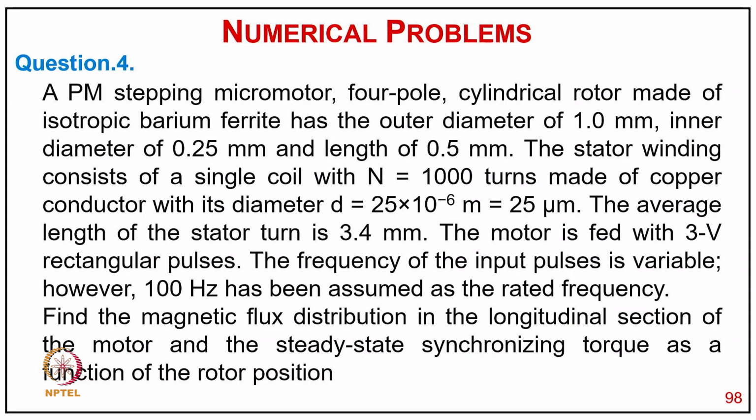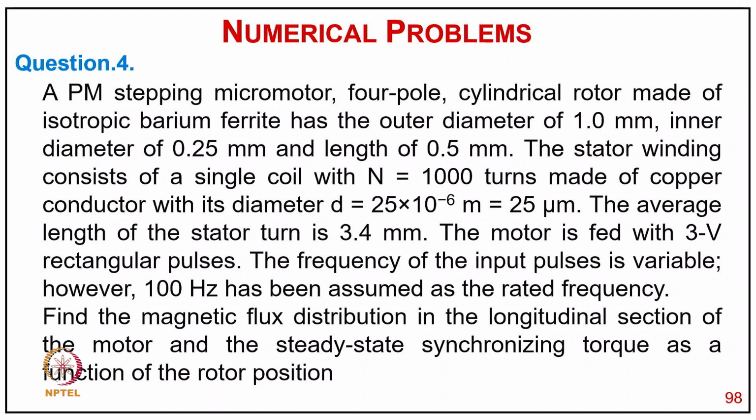Now coming to question 4, a PM stepping micro motor with a 4-pole cylindrical rotor made of isotropic barium ferrite has the outer diameter 1 millimeter, inner diameter 0.25 millimeter, and length of 0.5 millimeter. The stator winding consists of a single coil with N equal to 1000 turns made of copper conductor with its diameter d equal to 25 into 10 power minus 6 meter, or 25 micrometer.